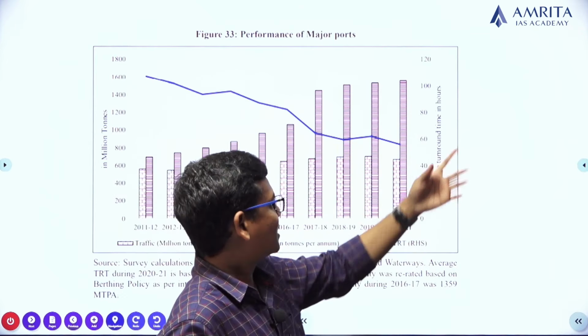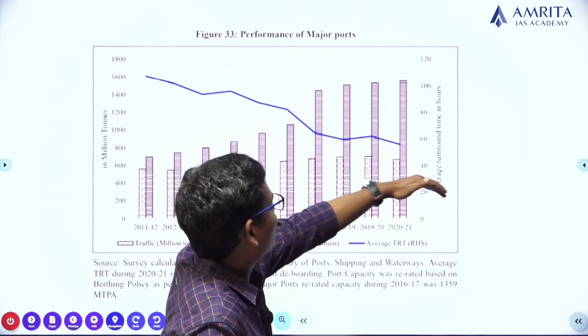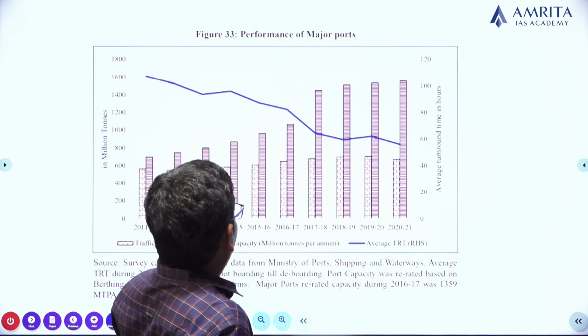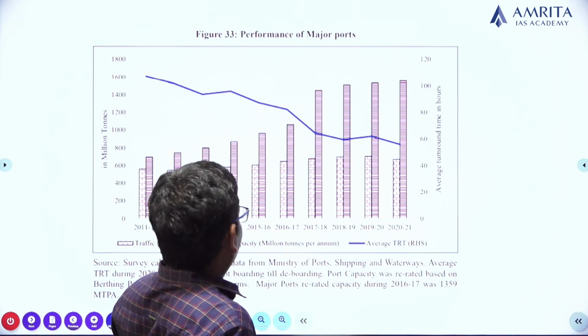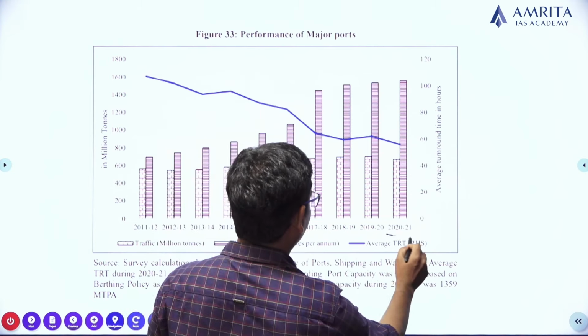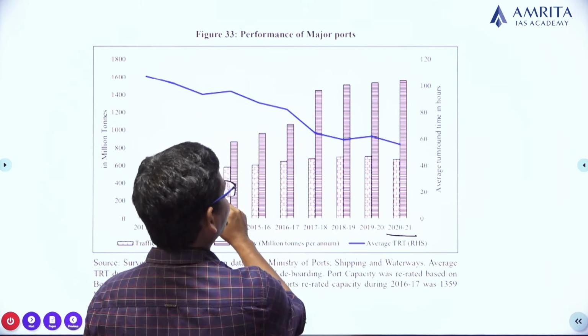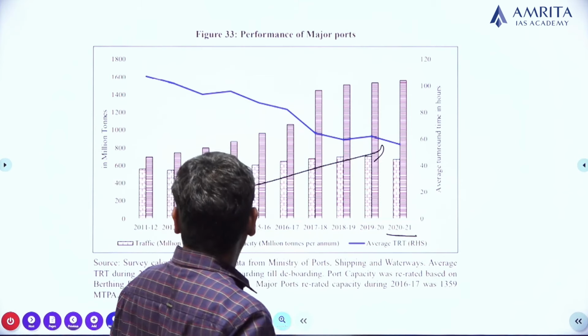That means the time required for loading and unloading, we are able to reduce it, and our capacity and traffic are increasing. Traffic is not consistent, but anyway you have to remove this pandemic effect. Barring the pandemic effect, there is a consistent increase.